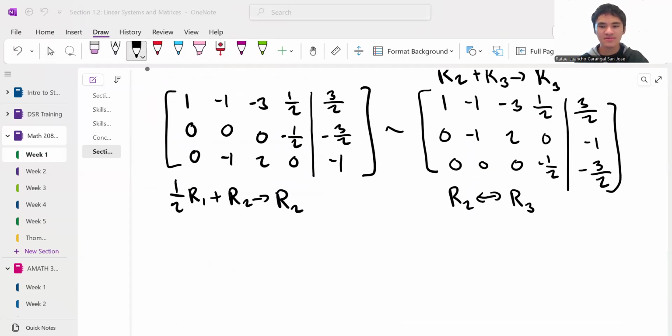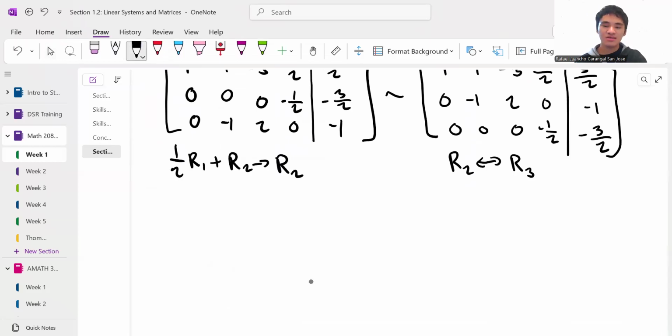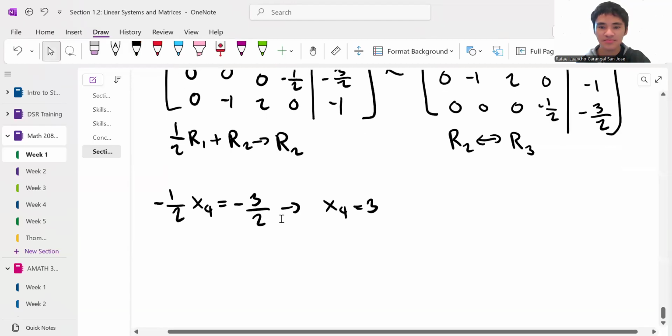Yeah, we just apply back substitution here. So what do we see? We see negative a half of x sub 4 being equal to -3 halves. Right? And from here we can just say x sub 4 is 3. Make sense?